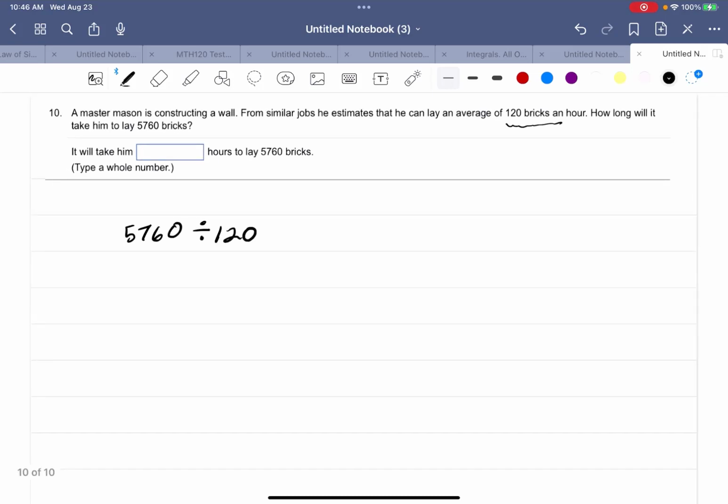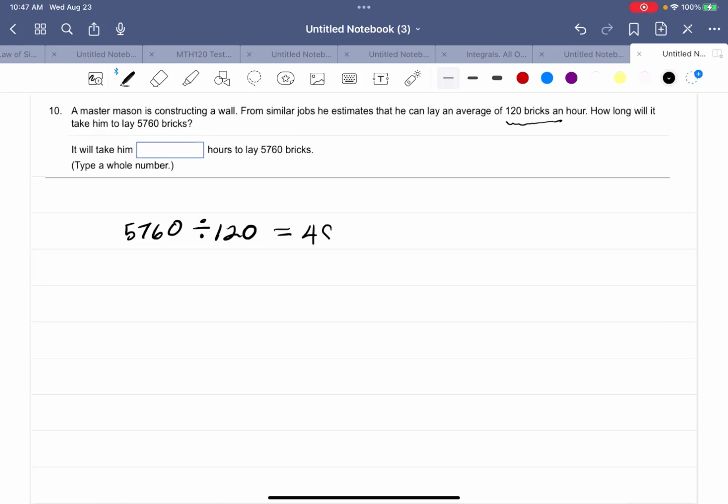So we will divide 5,760 divided by 120, and we get 48 hours. It will take the bricklayer 48 hours to lay the 5,760 bricks.